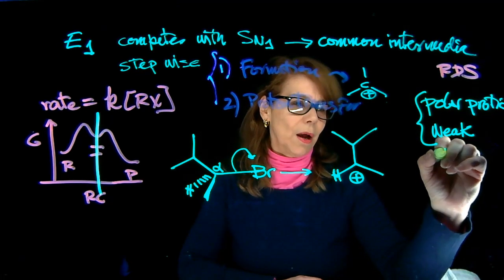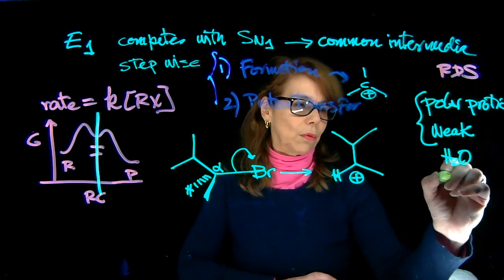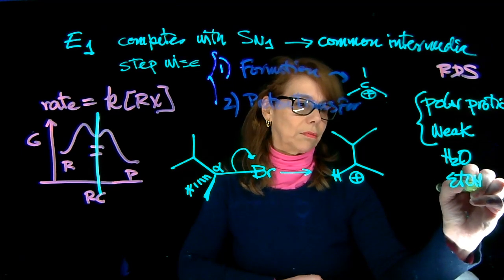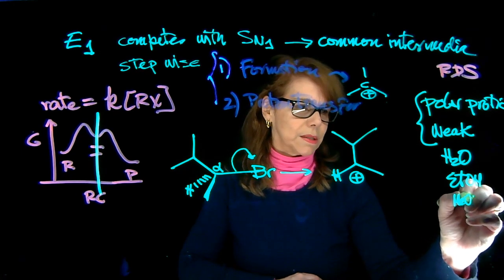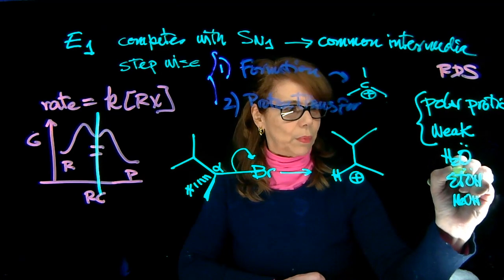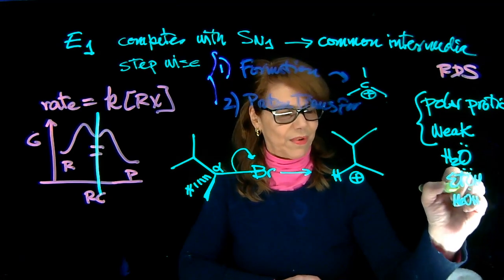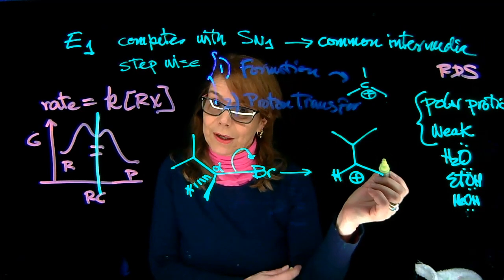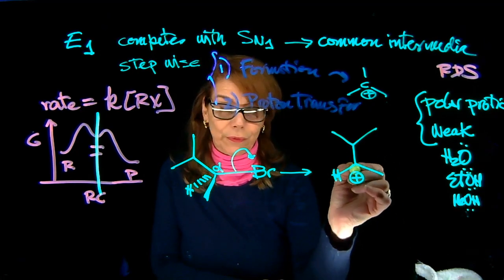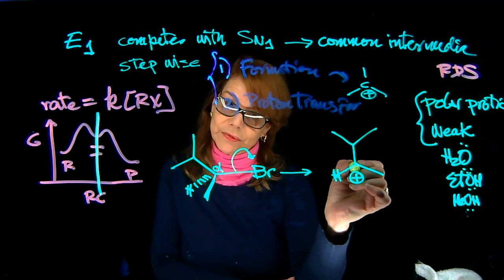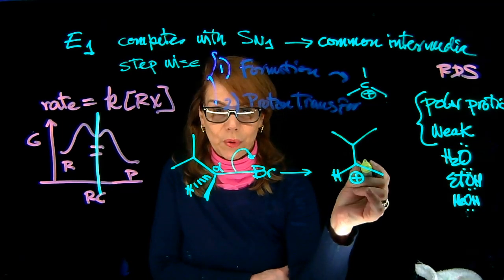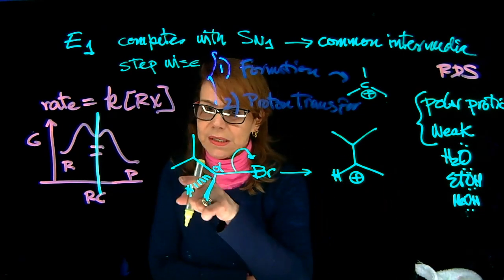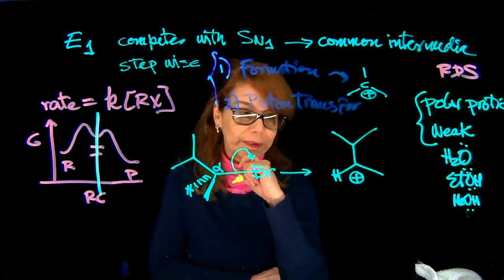So typically, we can have water, ethanol, those are very weak bases. Now, the fate of the carbocation, if we have a nucleophilic attack over here, you will have a substitution, an SN1 product with a racemic mix if you started with something that was chiral.